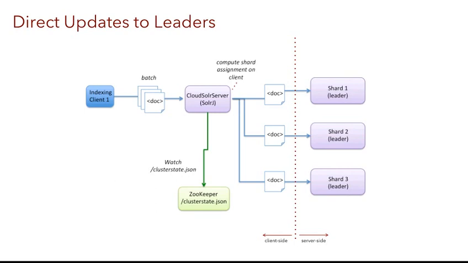What that does is it actually has the ability to go into Zookeeper, understand the topology of your collection, and know which node is hosting the leader for every shard. And then it can directly route documents to those shard leaders. If you're processing a batch, it can basically break the batch up and route sub-batches to each shard leader in parallel. And this scales very, very well. Okay? And so this is the strategy we're actually going to use for the transient collection.